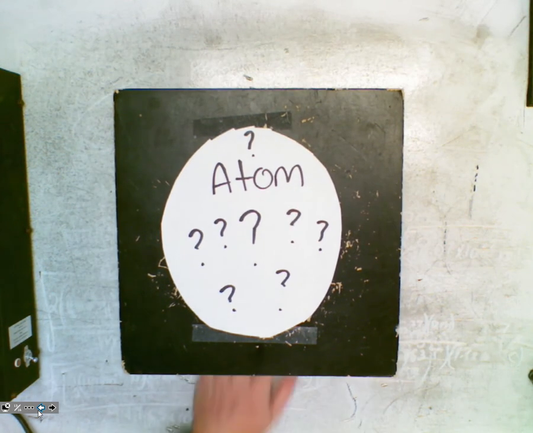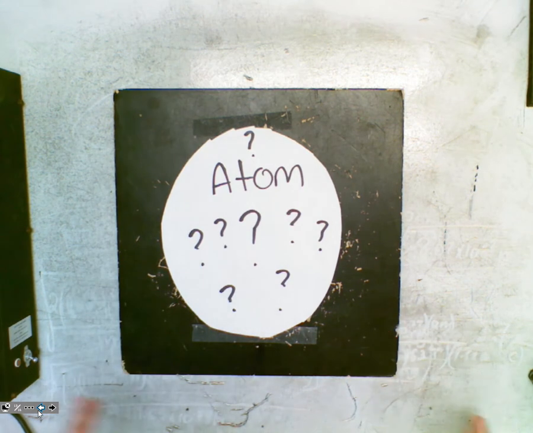Rutherford, Thomson, Dalton, none of these guys could see inside the atom. They didn't know what it looked like. All that they had was experimental evidence, and they had to guess what it looked like based on the evidence that they had. It's kind of like that Love is Blind show on Netflix. I don't know if you've watched it, but you don't know what they look like. You're just trying to guess what they're like from their personality.